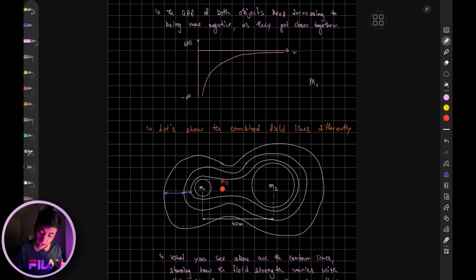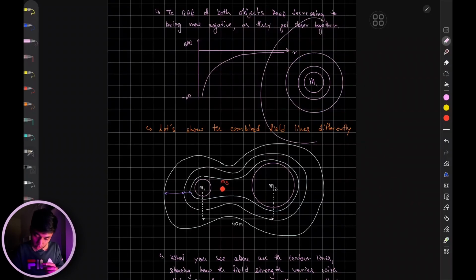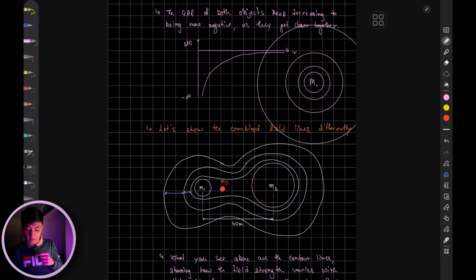So if you have mass m1, and I draw a control line over here, next control line over here, third control line, or concentric circles, as we say. There.